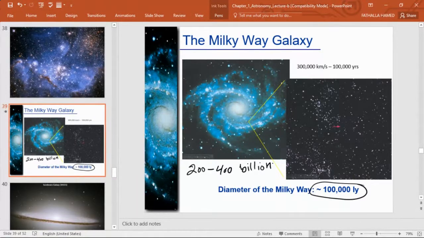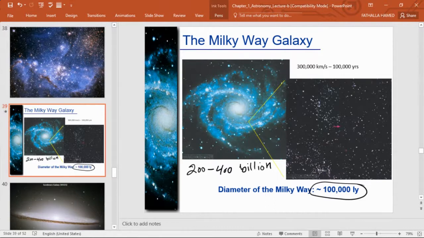So it's a huge number. One of them is the sun. And around the sun, we have planets, and that's why we call it the solar system. And the sun is not at a very special location. It's not at the center. It's somewhere in these arms here. So that's our Milky Way galaxy.